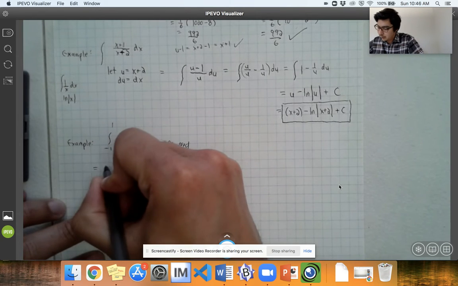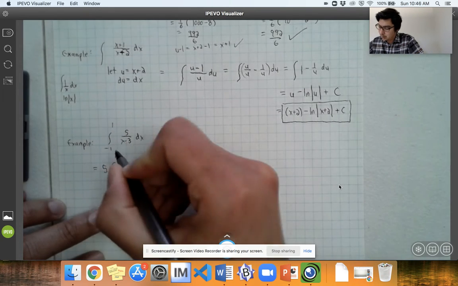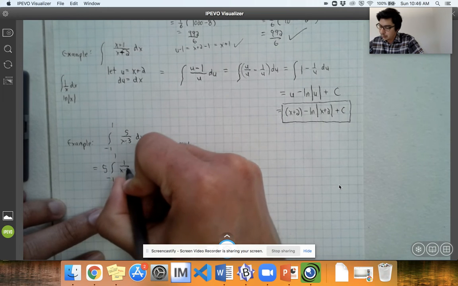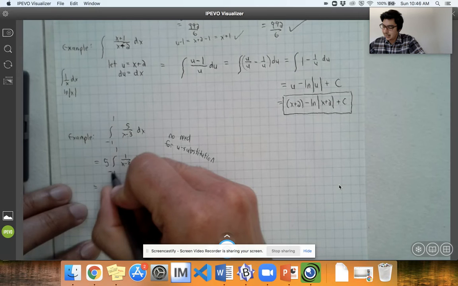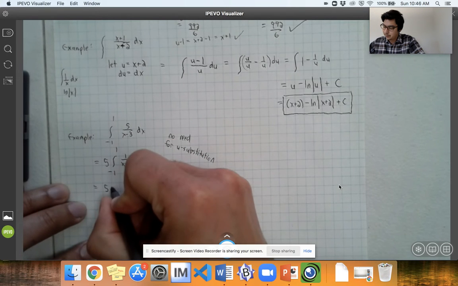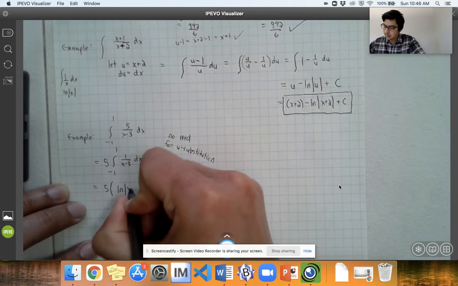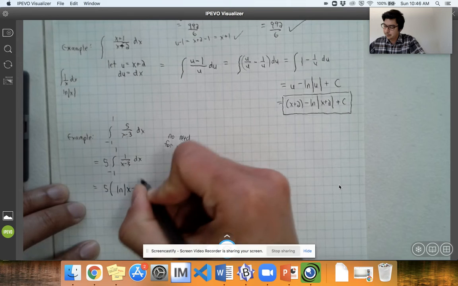I can bring the 5 out in front and go 5 from negative 1 to 1 of 1 over x minus 3 dx. And what that integral is going to be is the antiderivative of 1 over x minus 3 is going to be the natural log of the absolute value of x minus 3.